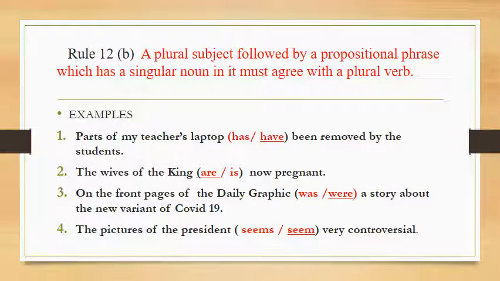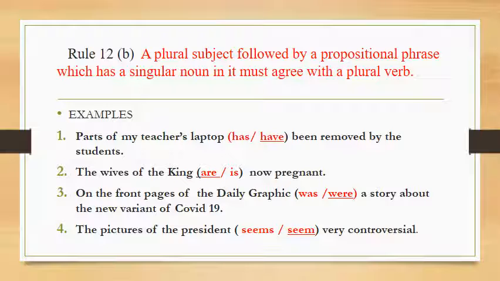So the subject in this sentence is the parts. So the parts refers to a plural subject, and for that matter it must go with a plural verb. So parts of my teacher's laptop have been removed by the student. So starting from "of my teacher's laptop" becomes the prepositional phrase.